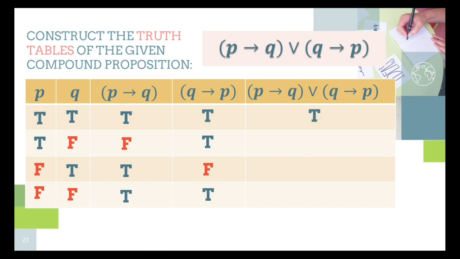So true, true, it's true. False or true is true. True or false is also true. And true or true is also true. When all your truth values are true, we call this one a tautology.